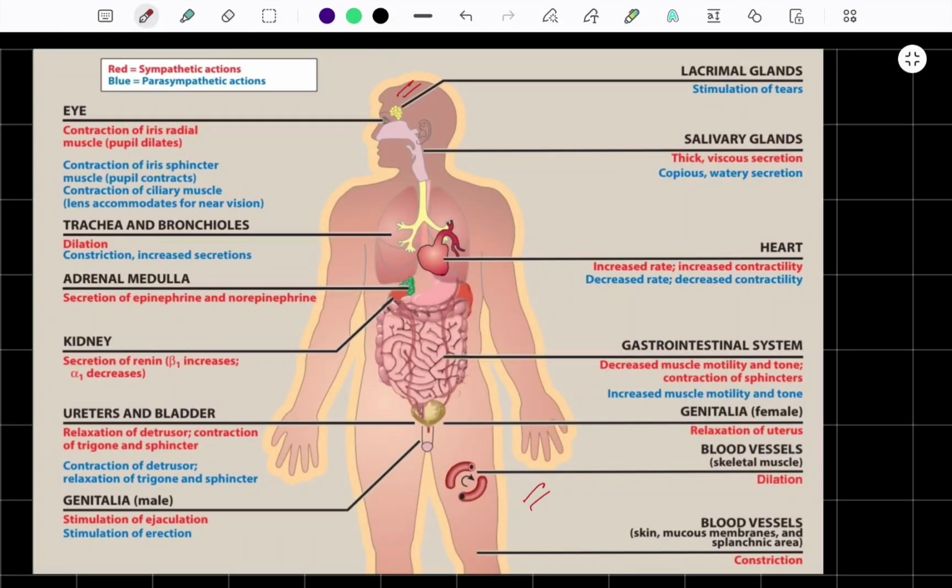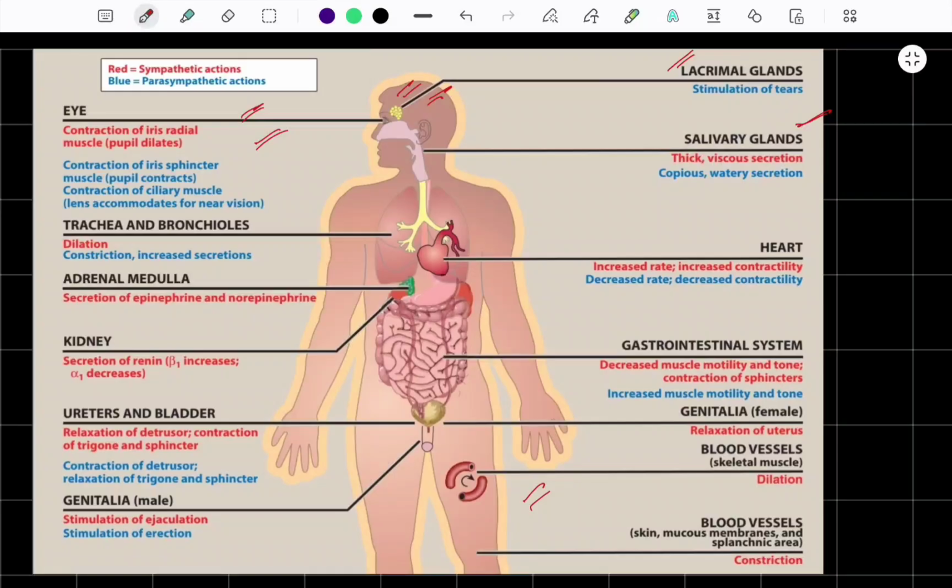The functions of the organs follow a sequence: start from the top and then travel from the lacrimal glands and then to the eye. You can remember that in sympathetic stimulation there is dilation of the pupil. When we talk about parasympathetic, there is constriction of the pupil and so on. And then talking about the salivary glands, there is more salivation in parasympathetic and less in sympathetic.